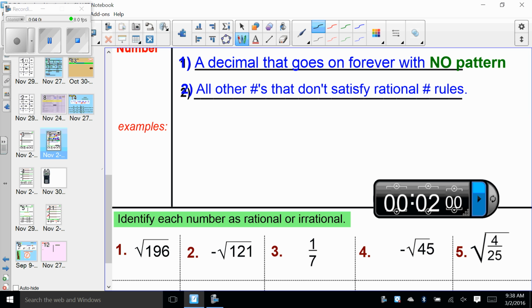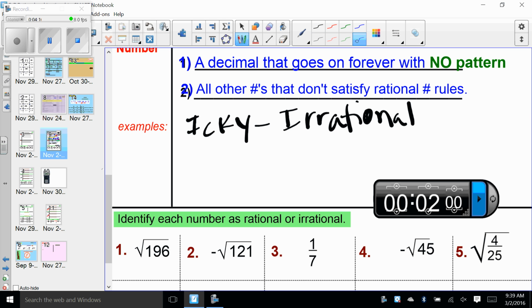Okay, so with that said, we're talking about irrational as in icky. Irrational numbers, they're icky numbers, okay? So like this, a decimal that just goes on forever with no pattern. All of them come from yucky square roots, the square root of icky things.